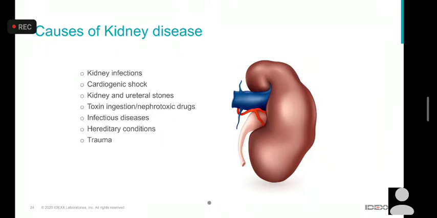But what we do know is that the old-fashioned split between acute and chronic kidney disease is not really how it's perceived anymore. Actually, a lot of chronic kidney disease is ongoing acute incidents.